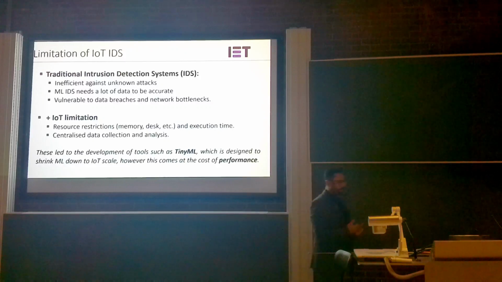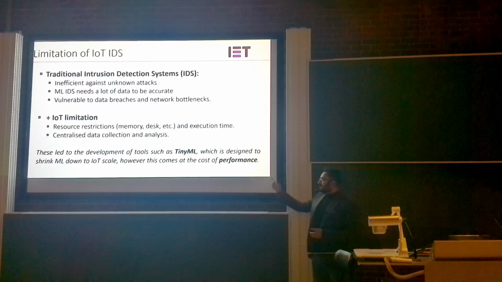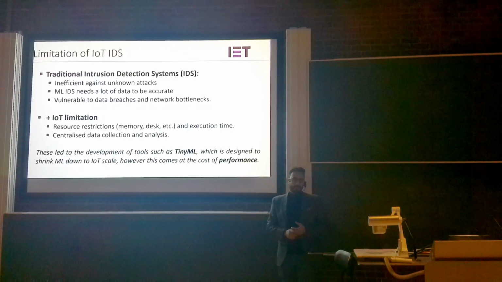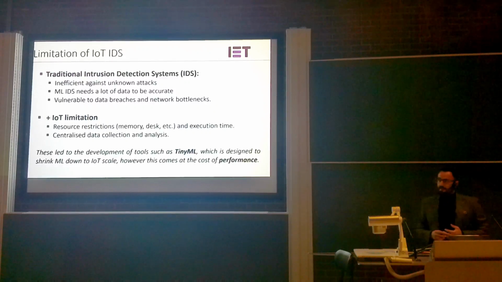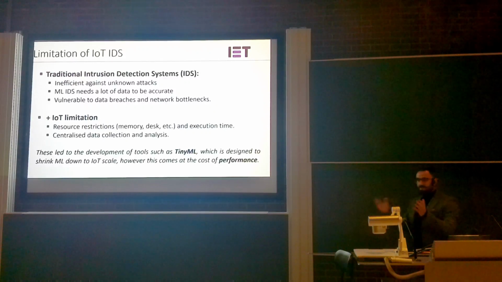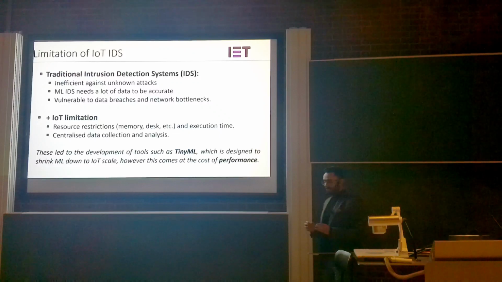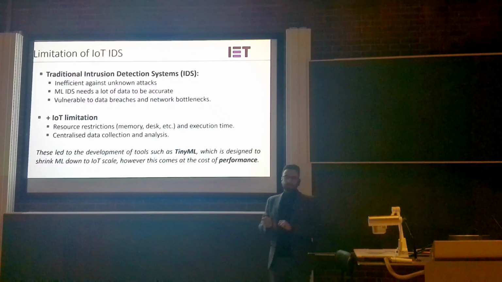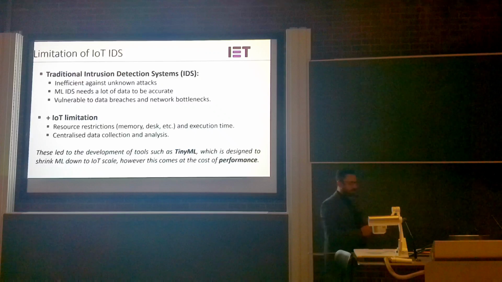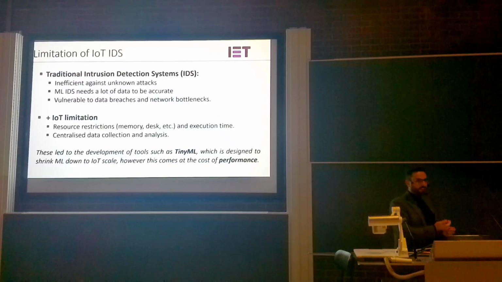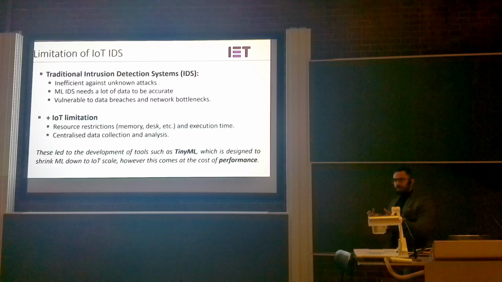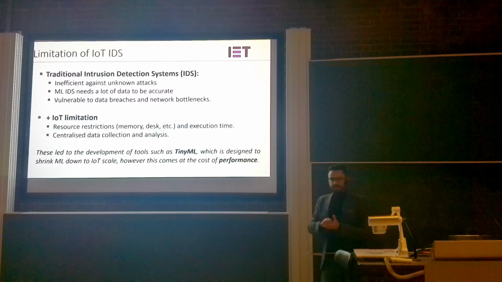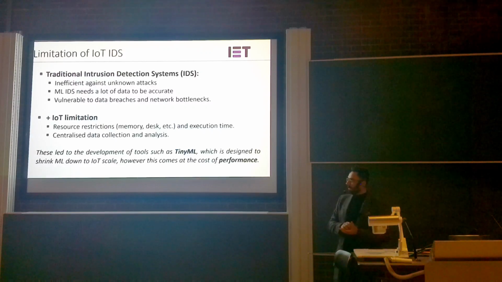And from that, research started to develop, and we started to see things like TinyML. TinyML itself is basically a machine learning model, but they try to manipulate the parameters within the development process to shrink the size of the machine learning model to be deployable on devices with limited capacity.